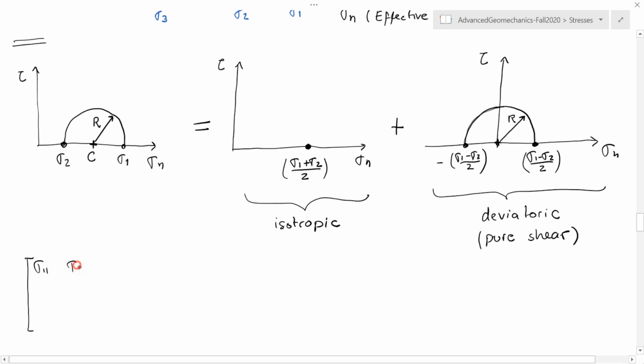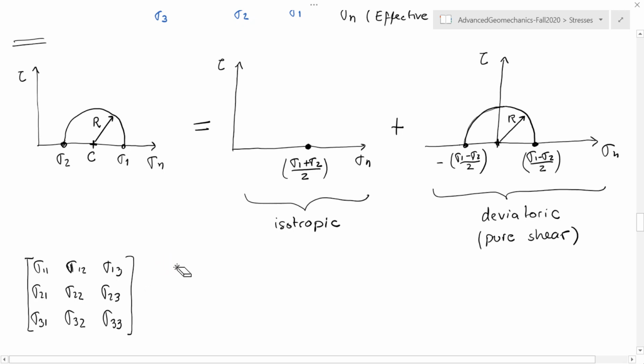Instead, let's just do the algebraic part, and just with the matrix. So any tensor can also be decomposed into an isotropic and a deviatoric component. And this is going to be very similar to what I have before.